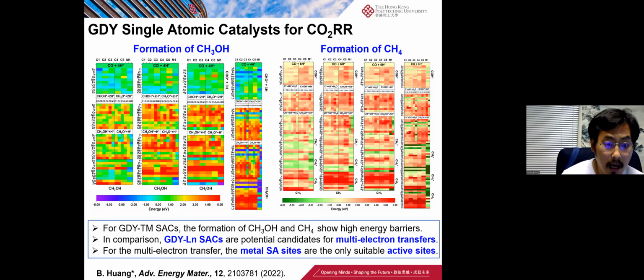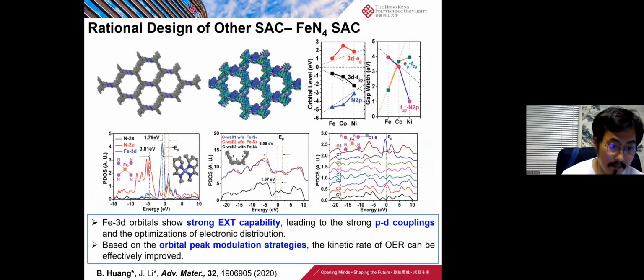For the more complicated C1 products such as methanol and methane, the lanthanide SACs are promising electrocatalysts, especially the GDY praseodymium and promethium SACs. Our work has confirmed that both thermodynamic and spatial factors are significant for electroactivity and selectivity.